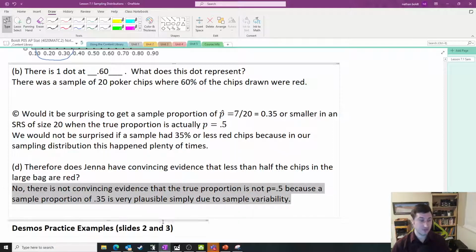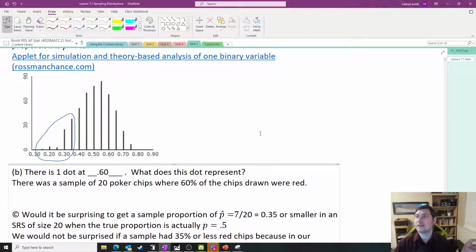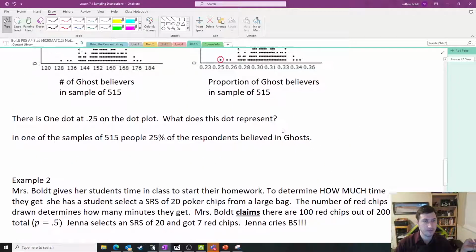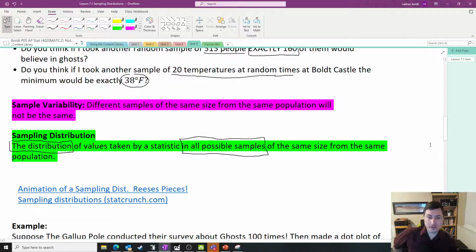Could something occur just because of sample variability, or is it so outlandish that, no, I don't think you'd ever get that? Like if she only got 1 red chip, 1 red chip would be 5%. Is that plausible? No. If it's not in your sampling distribution, well then it's not plausible to happen, because your sampling distribution has all the possible samples.